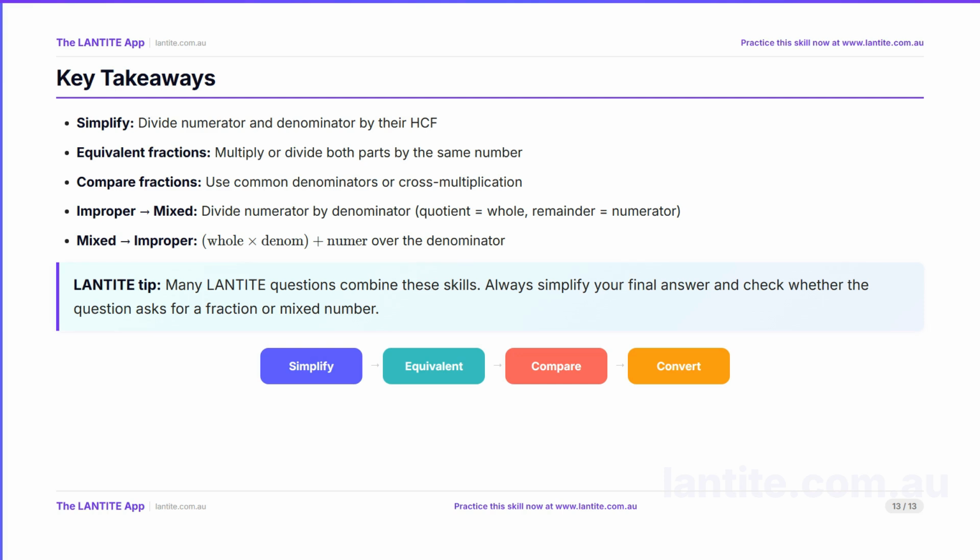To convert an improper fraction to a mixed number, divide the numerator by the denominator. To convert a mixed number to an improper fraction, multiply the whole number by the denominator and add the numerator. On the LANTITE, always simplify your final answer, and check whether the question asks for a fraction or a mixed number. Keep practicing, and you'll nail these every time.